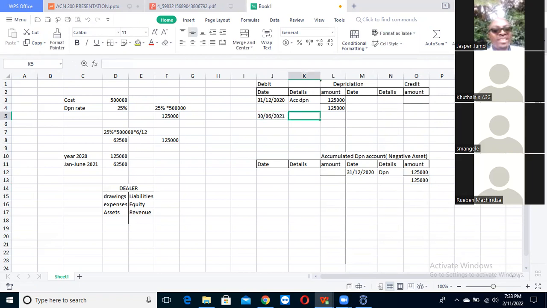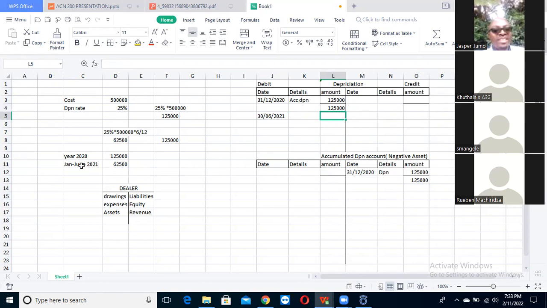2021. It is very important that you cannot write in the ledger account mixing years. We could not have come right under 2020 and put 2021 without balancing the ledger. So if you are moving from one year to the other, you must balance the ledger. Right now, our ledger is balanced.